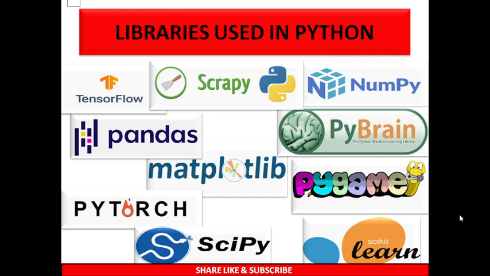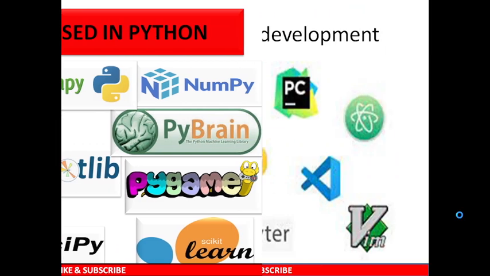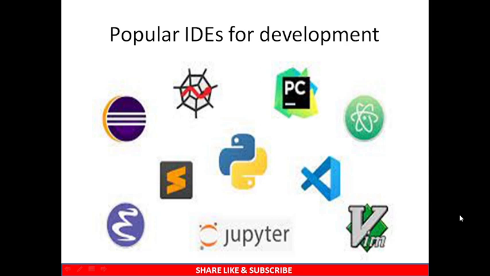So we have so many libraries, each working dedicatedly for certain fields and purposes. With the help of them, you can make any type of model that is preferred in deep learning. And then moving on to the next one, the popular IDEs.